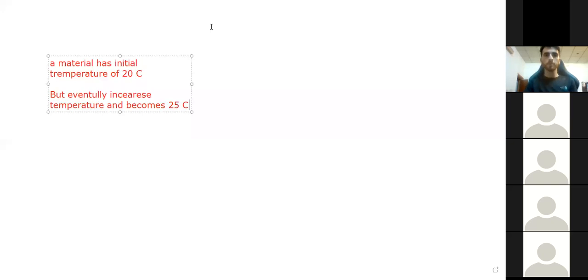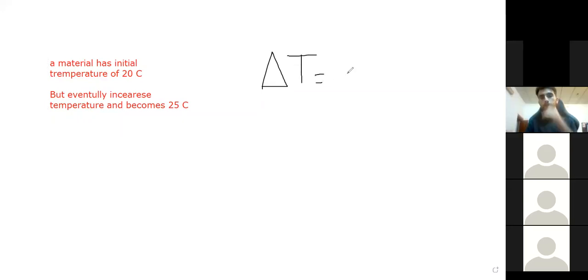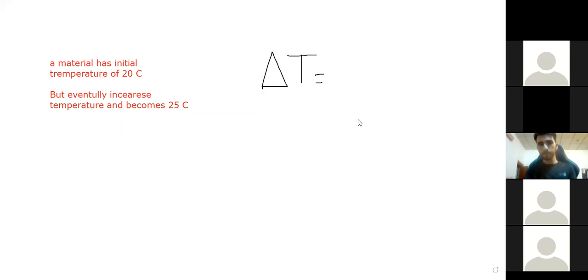Now, if we have the equation, the delta T, how do I put those values back in? Only into delta T, I'm not solving the whole thing. You will write T final minus T initial.